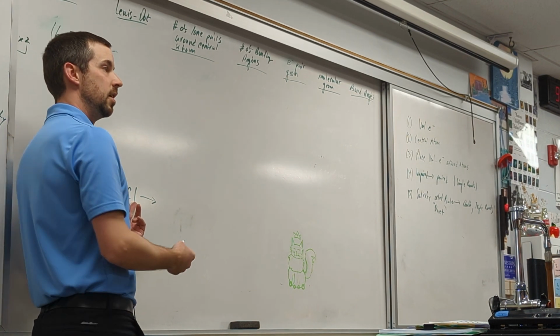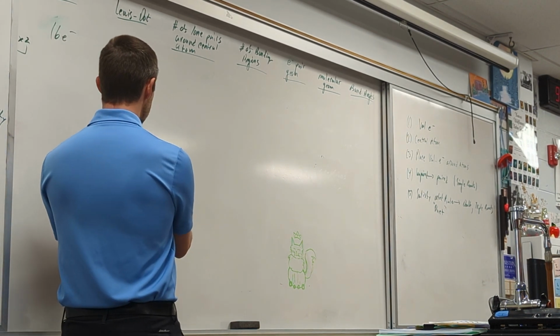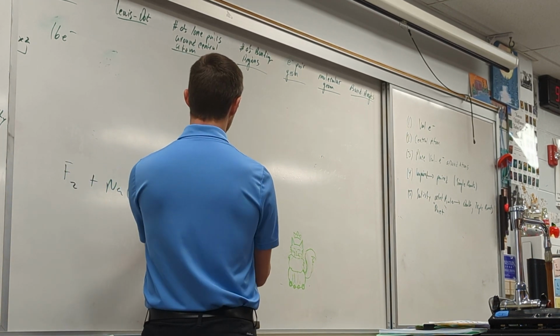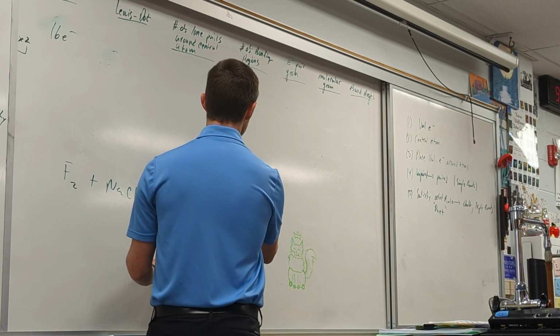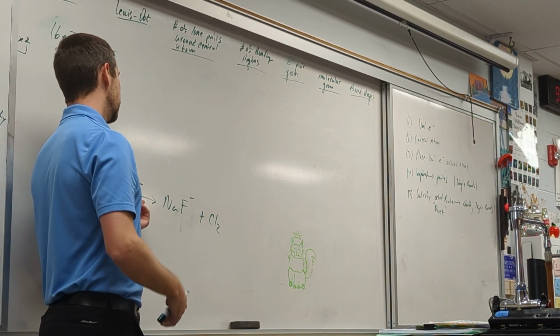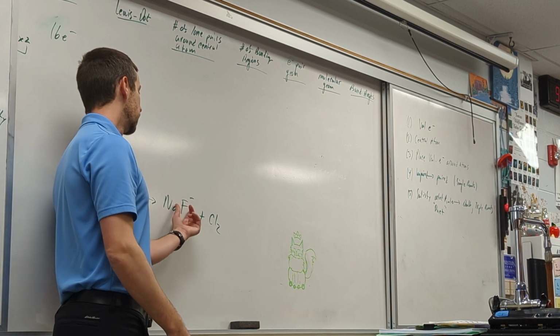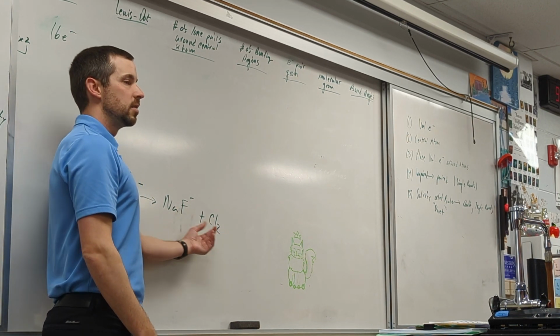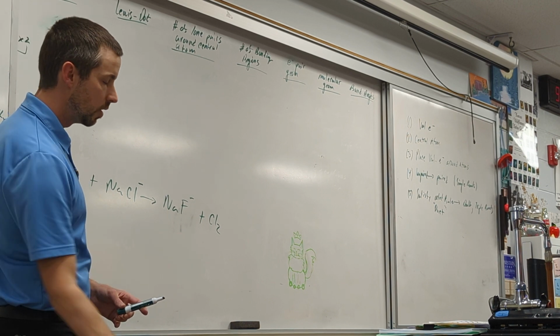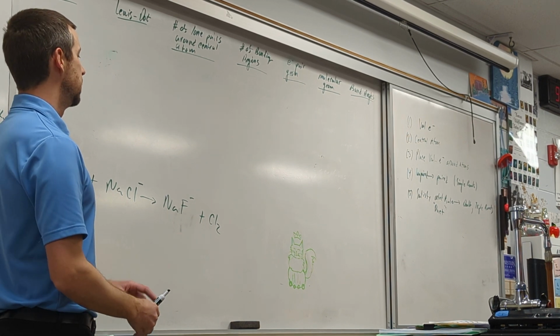You with me on that? Yeah. It's higher up. So chlorine has it, fluorine's going to take it, and when fluorine takes it, it turns into fluoride, and chlorine loses it. So you actually take fluorine and substitute it in for chloride to produce fluoride and chlorine gas. This is called the oxidizing strength of halogens, and it is something we are going to show and talk about, just not today.